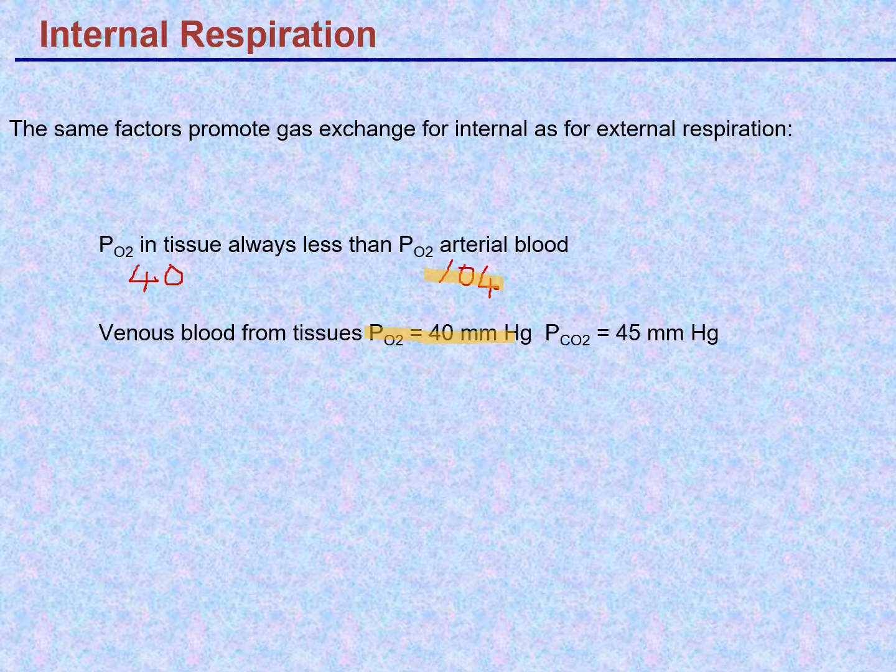So arteriolar blood, I'll write it up here. PCO2 is 40, and the tissues are at 45, so the venous blood becomes 45.